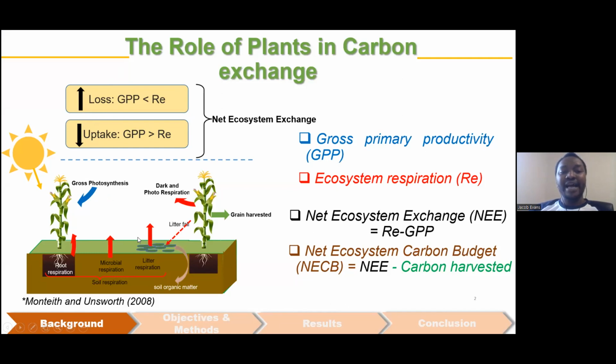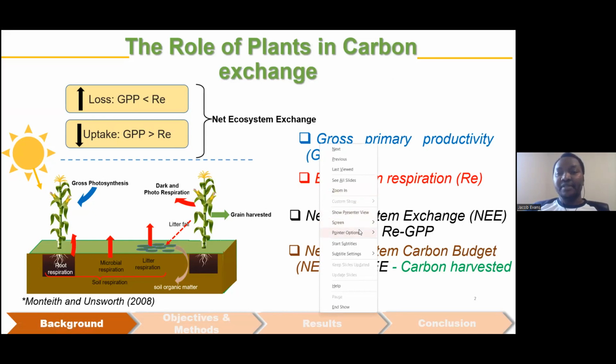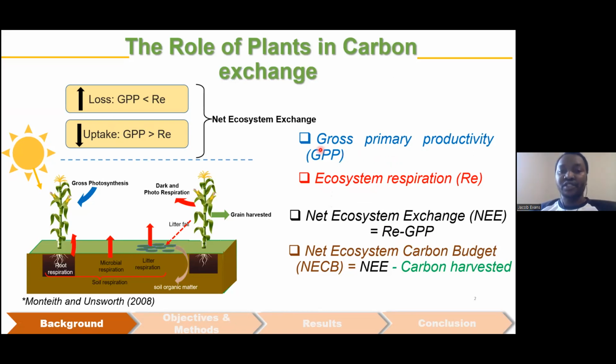At the same time, respiration occurs in the soil and in the plant, which moves carbon out of the system. The term gross primary productivity, GPP for short, describes the photosynthesis occurring in this system, and ecosystem respiration, RE for short, describes the total respiration, such that the difference between these two is the net ecosystem exchange, NEE for short.